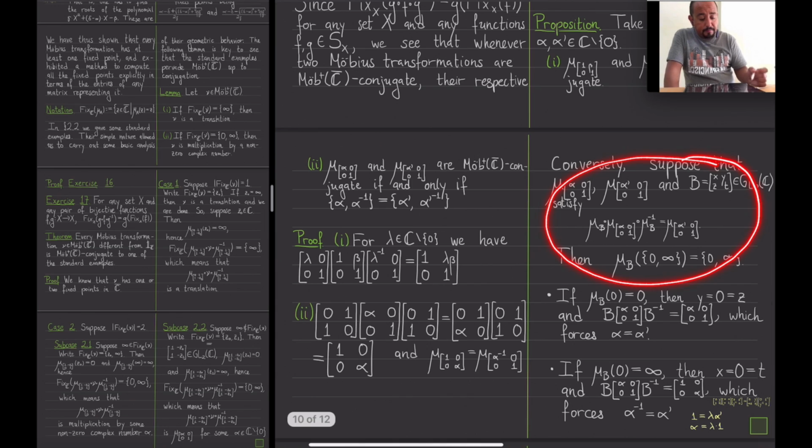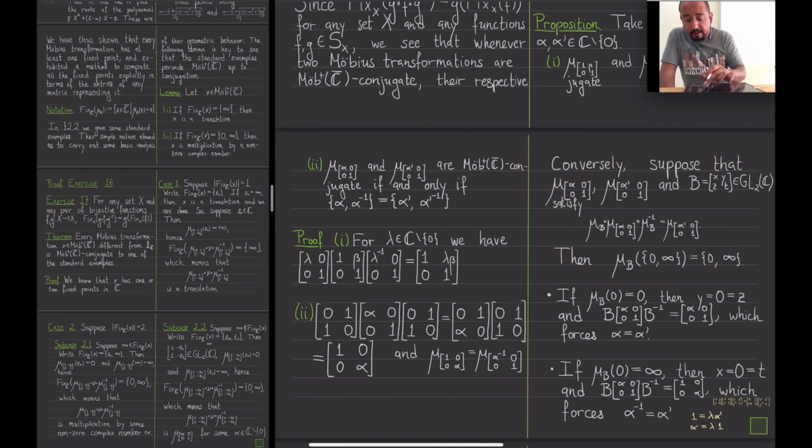Then, because of this beautiful identity that the fixed points of the conjugation are G of the original fixed points, this one sends the fixed points of multiplication by alpha to the fixed points of multiplication by alpha prime, because we are assuming this.